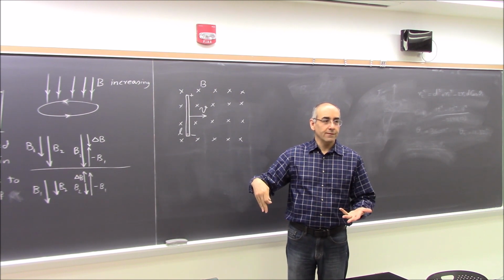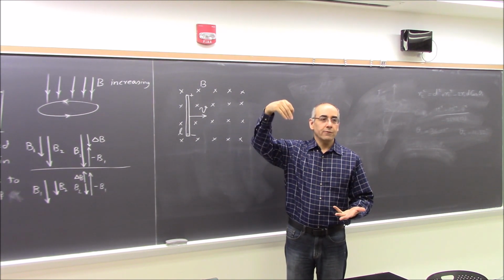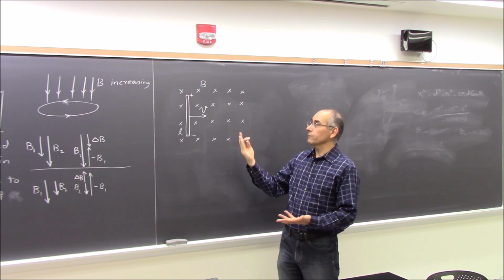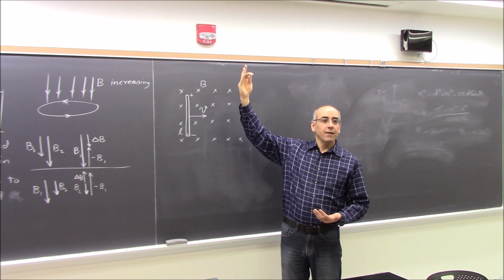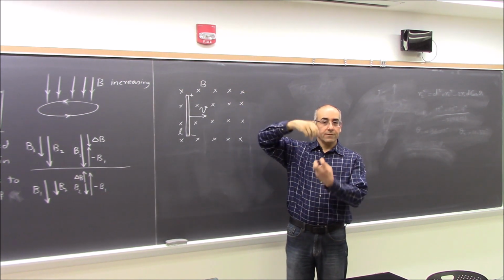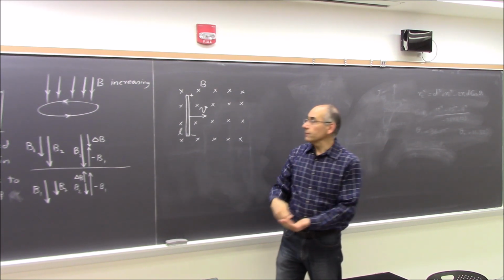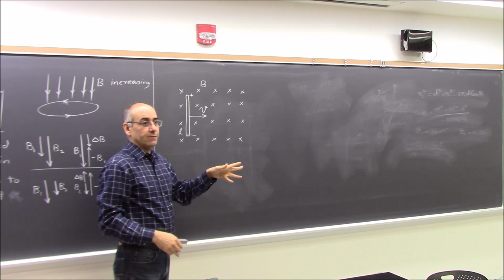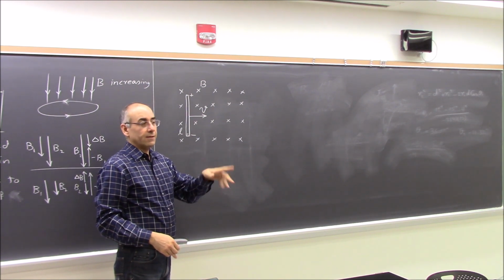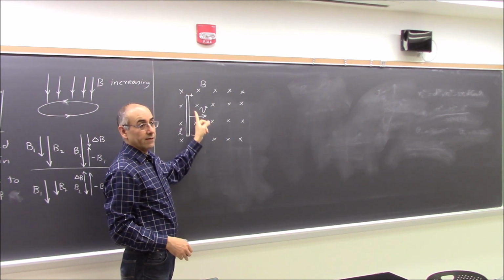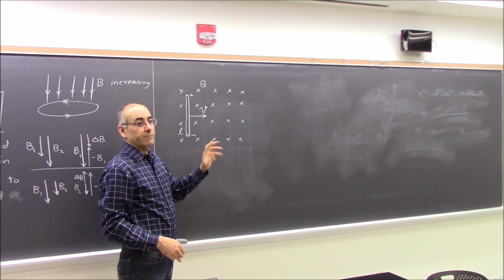What happens then? Some electrons go down, or some positive charges go up, and then when they separate, they create their own electric field, right? So this migration happens until the force of the magnetic field and the force of the electric field balance each other.